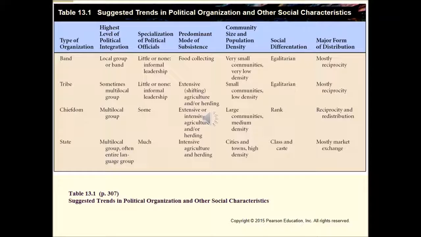Your tribal societies are typically egalitarian as well. Chiefdoms are rank societies, and your state societies are class or caste type societies. You can also see your population is going to generally get larger with each of these types of political organization. So this is a good table to help you summarize some of the trends and characteristics of these different types of political organization.